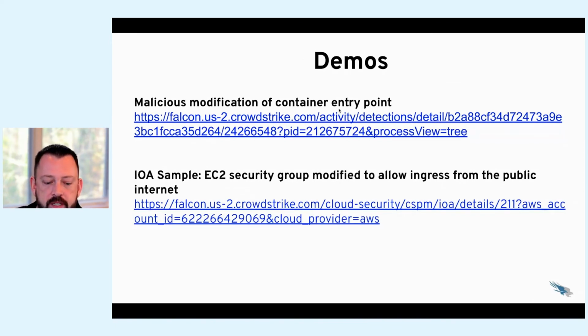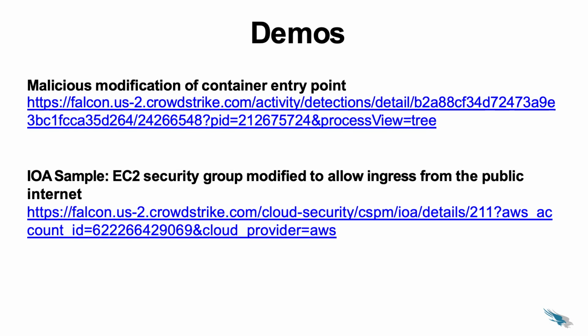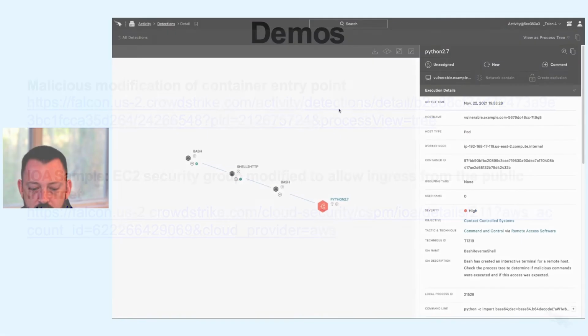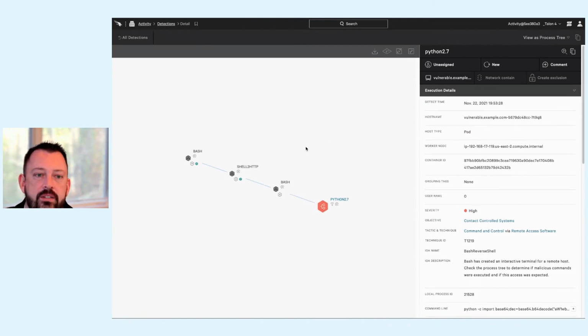So, really, what we want to do is actually show you these in the next couple of minutes to try and make it a little bit real. The first is malicious modification of a container entry point. So, running a container has an entry point, most likely to start your service. So, if I flip over, this is the Falcon platform.